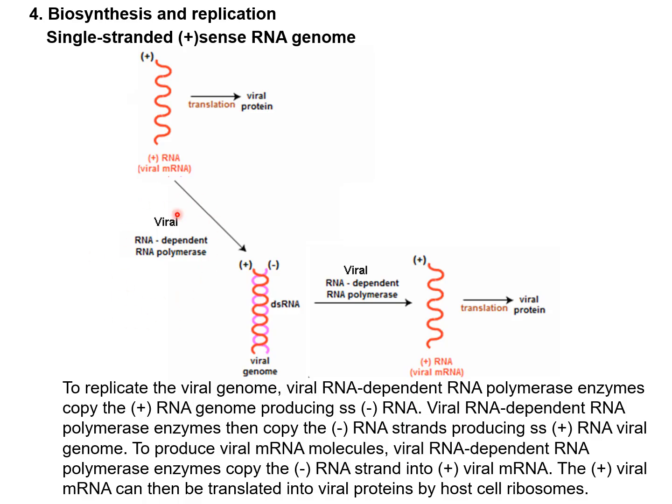This RNA polymerase will then allow the formation of the complementary strand, the negative sense template, that can be used by the RNA polymerase to make more of the genome or to make these positive sense RNA strands that can be read by the ribosomes to make more of the viral protein. So this positive sense template can be used for two purposes basically.